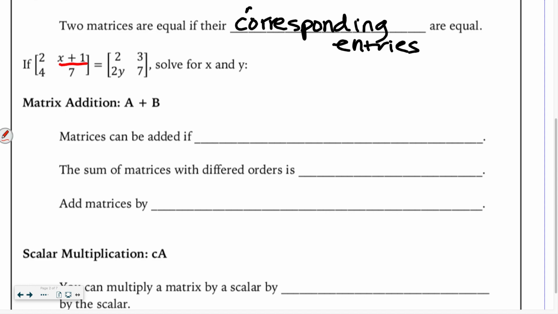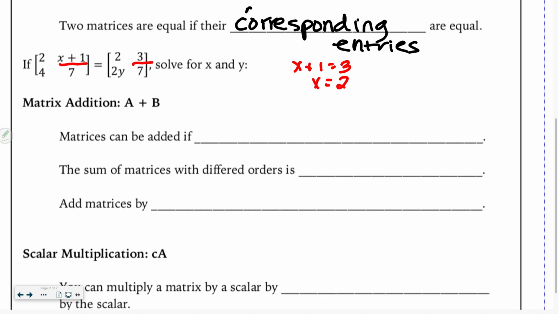So if I'm trying to solve for x, x plus 1 is in the first row, second column. So x plus 1 has to be the same as first row, second column in the other matrix. Therefore, x plus 1 equals 3, x must equal 2.